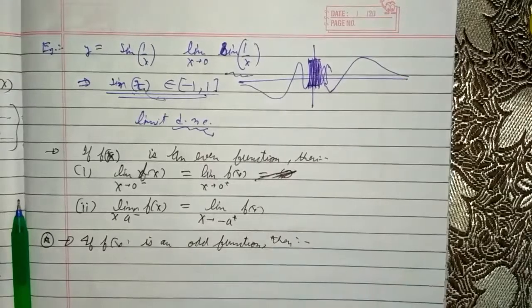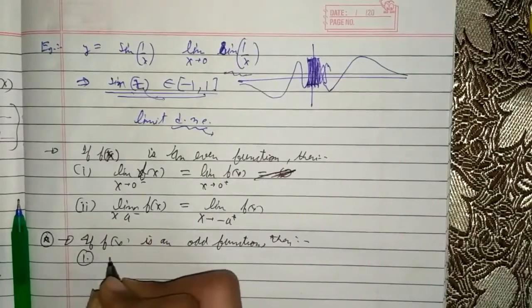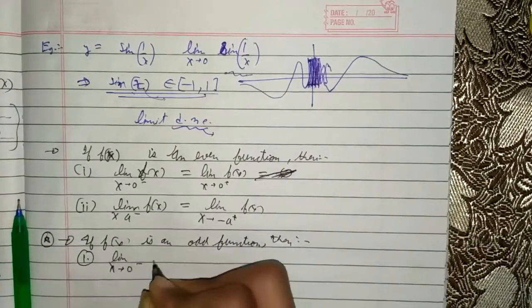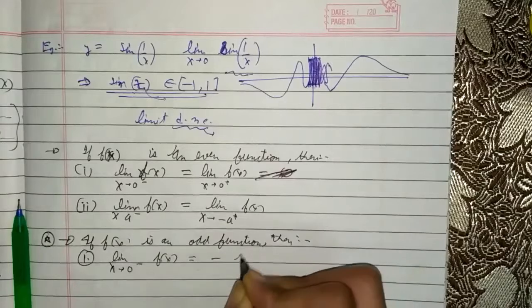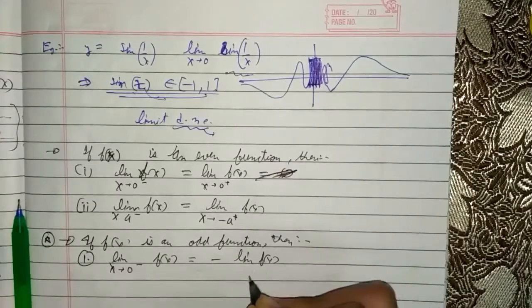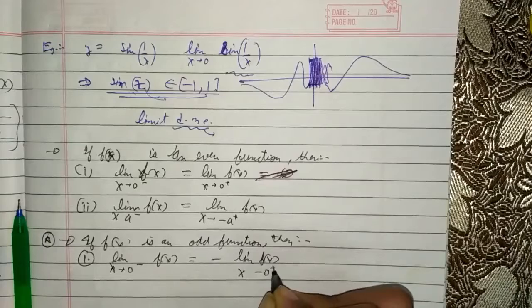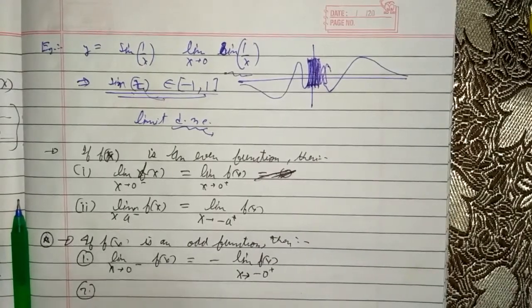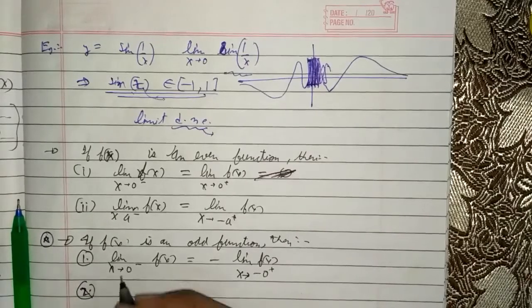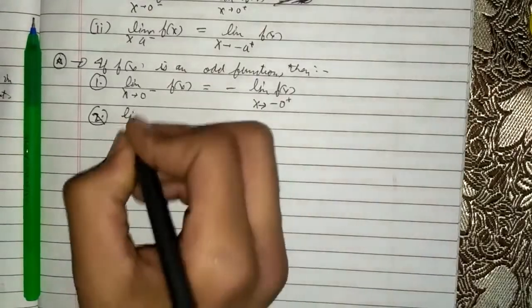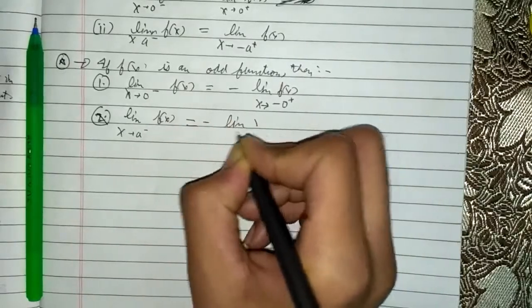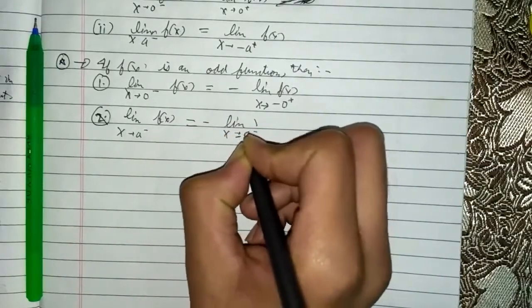And now another important statement: if f of x is an odd function, then firstly, limit of f of x as x tends to 0 minus is equal to negative of limit of f of x as x tends to 0 plus. And second statement is limit of f of x as x tends to a minus is equal to minus of limit of f of x as x tends to minus a plus.